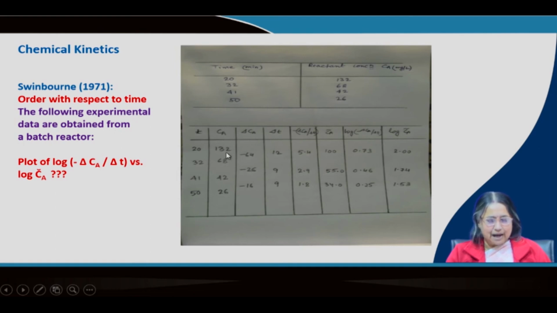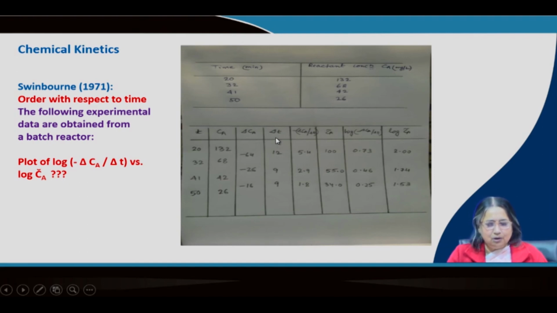It is not the midpoint, it is the difference: the difference of this one, this one and this one. Then delta t is likewise the difference of these, so that is why it is written in the middle.